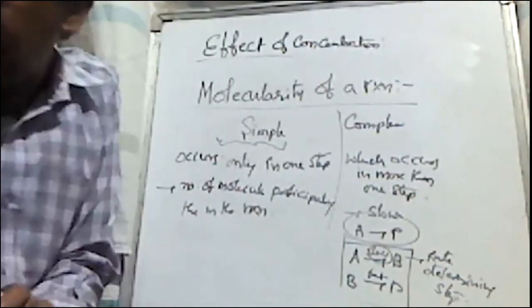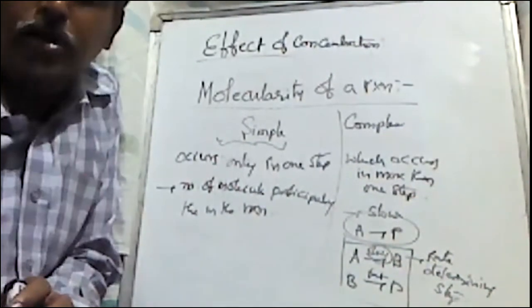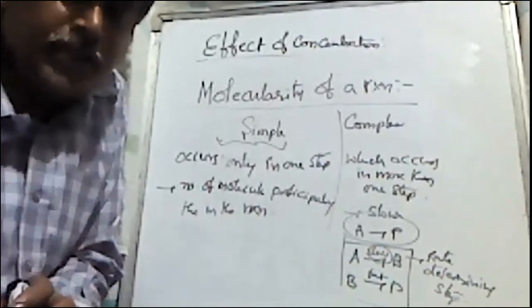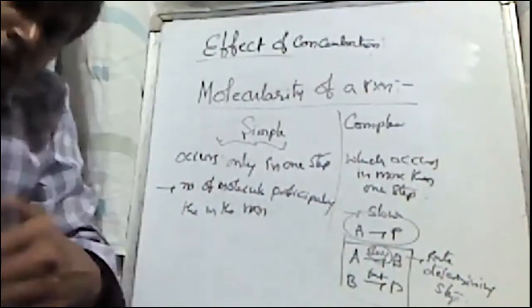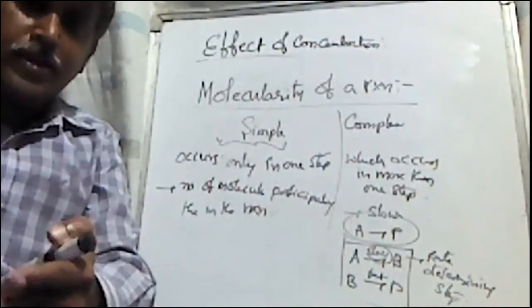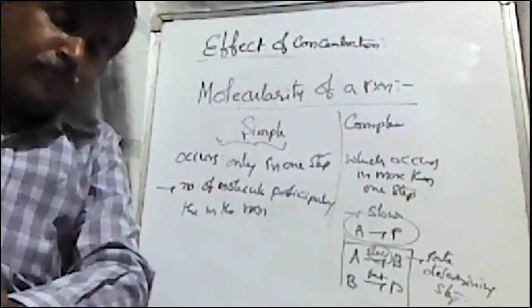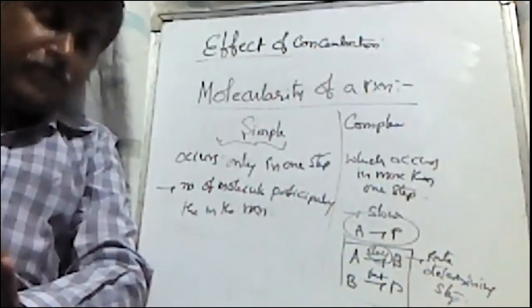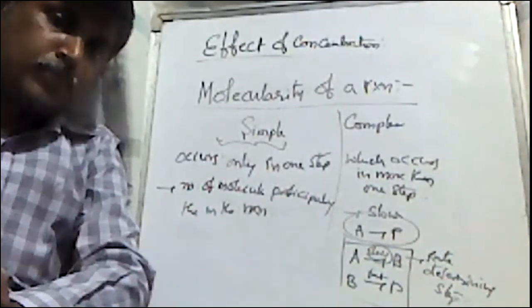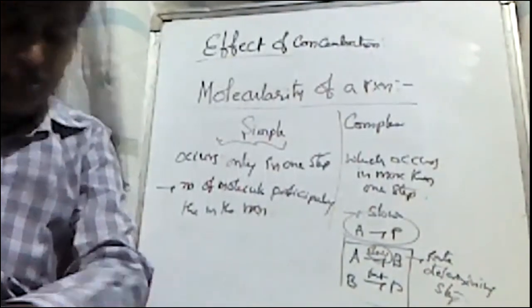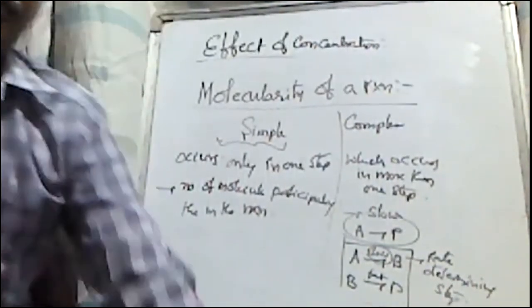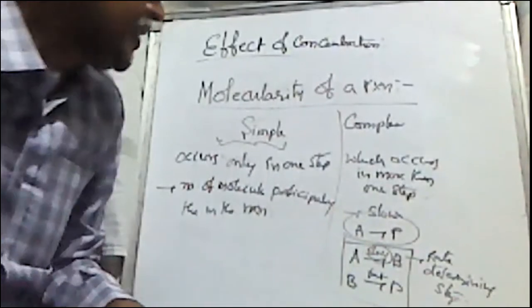How many molecules are participating in it? That is the molecularity of the reaction. Simply we can say the number of molecules participating. If it is a simple reaction, the number of molecules participating in the reaction. If it is a complex reaction, the number of molecules participating in the rate determining step of the complex reaction.